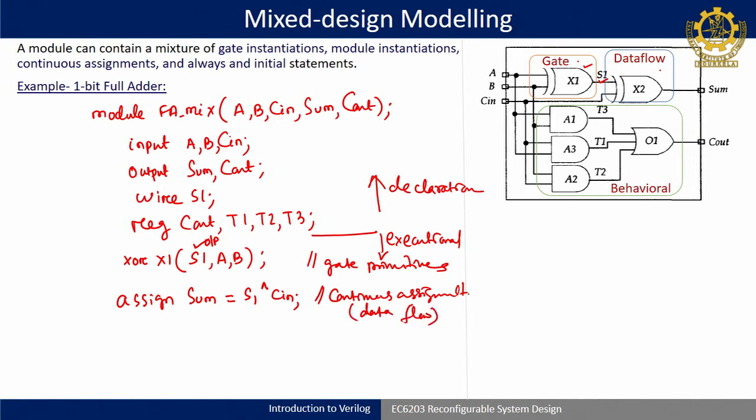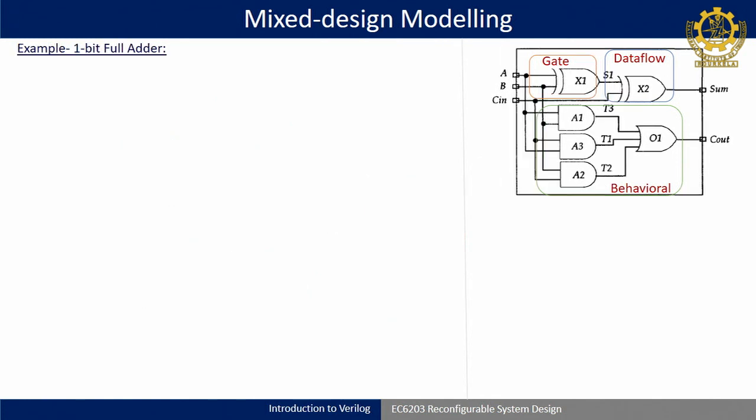So now the rest is your behavioral level modeling. I told you we have to use an always block. So write down always, @ indicates one event will happen after this. Inside this bracket, whatever the inputs are, you have to write down A or B or Cin.